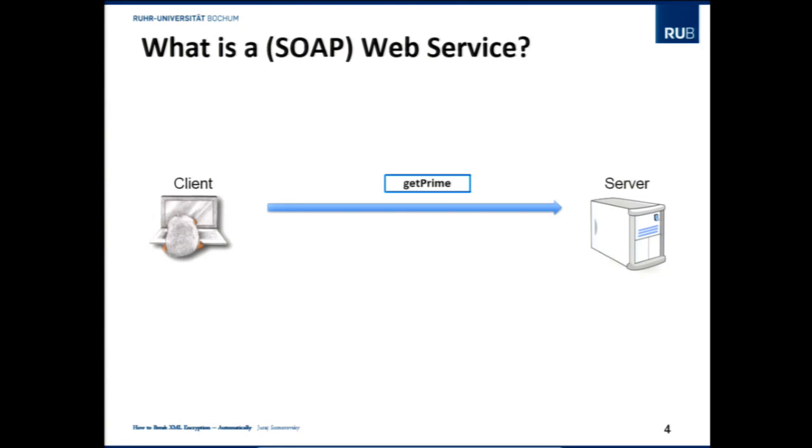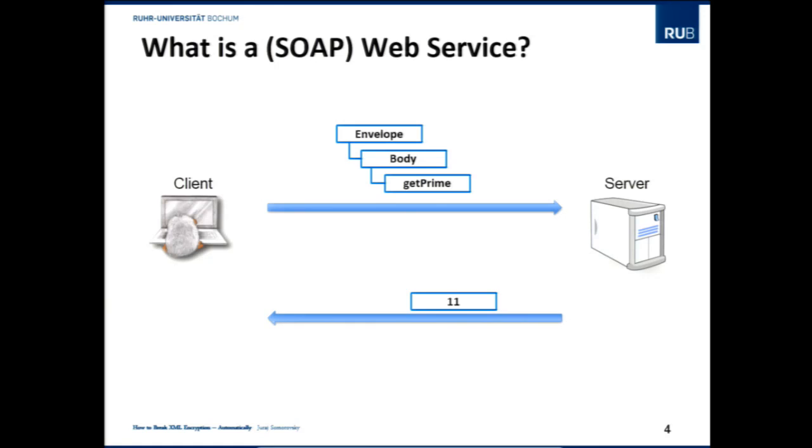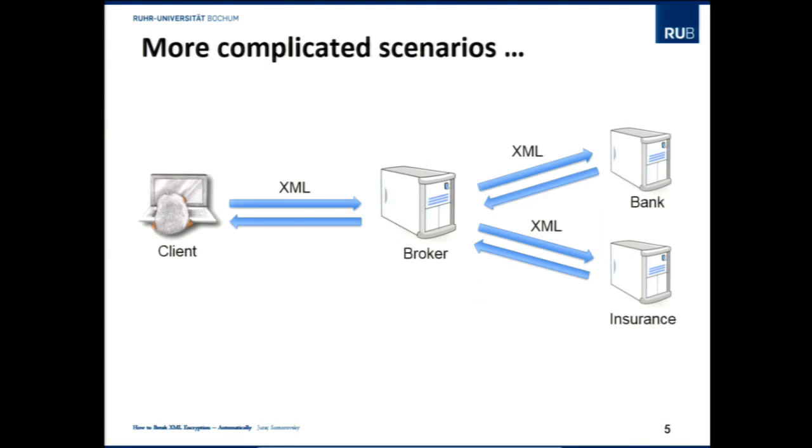For example, the web server provides a function getPrime, and the client sends the getPrime function through the wire, wrapped in the elements Envelope and Body. The server generates some huge prime, like this one, wraps it into a message, and responds to the client. This was a very simple example, but we have more complicated ones.